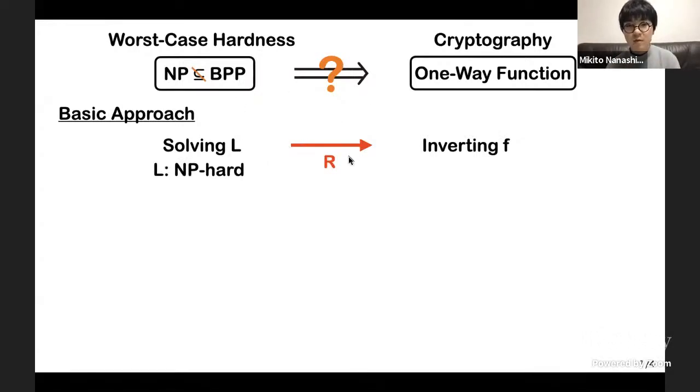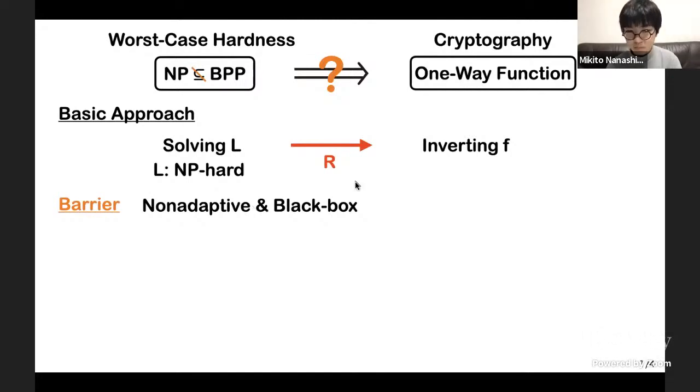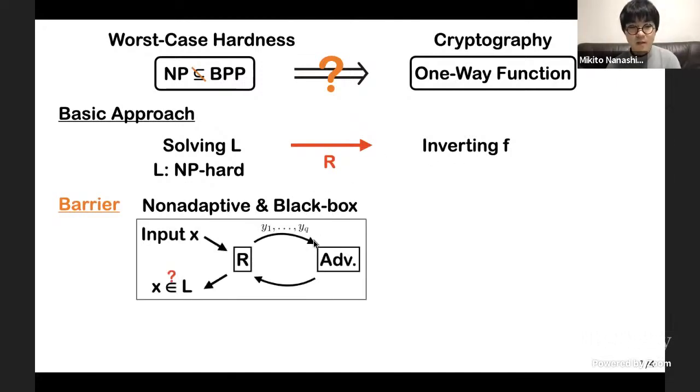But to construct such a reduction, there's a specific barrier on the types of reduction. That is non-adaptive black box reduction. In this setting, this type of reduction looks like this figure. The key part is that this reduction accesses the adversary for inverting f as a black box, as an oracle, and it makes its queries in parallel, or in one round.